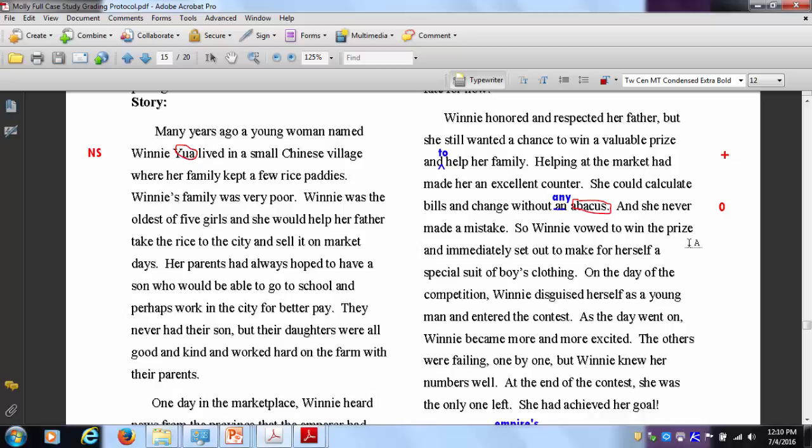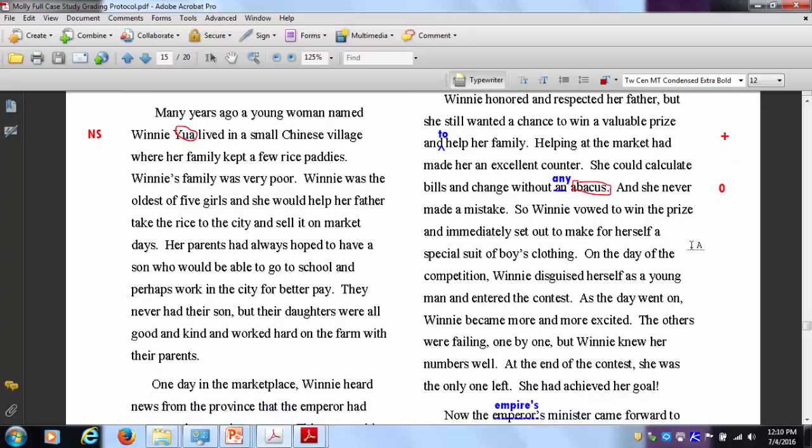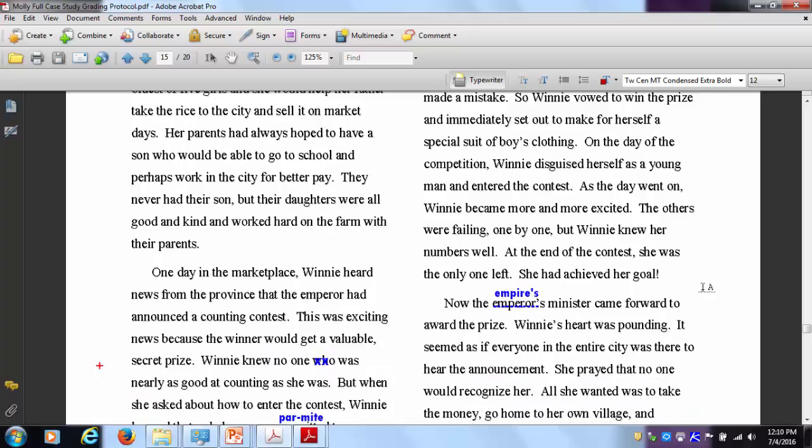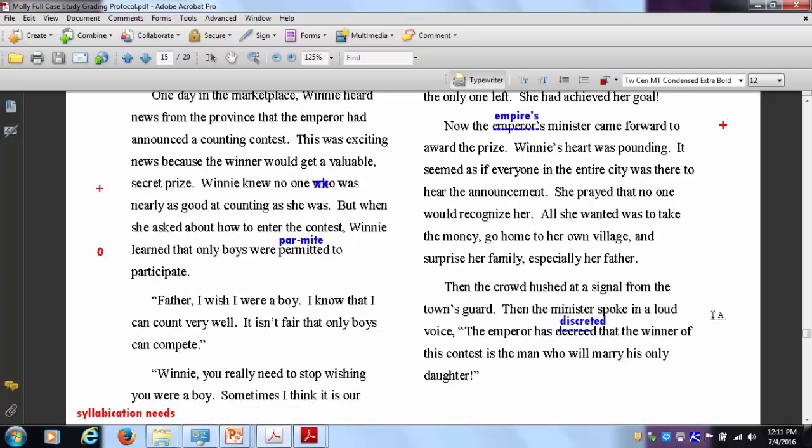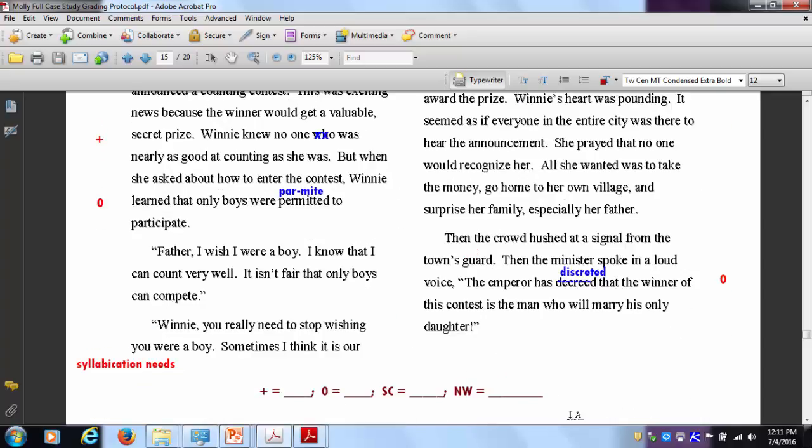All right, let's move on. Here we have a substitution of empire for emperors. That, I think, doesn't destroy the meaning. And then we come down here to decreed to discreted. Again, folks, a non-word. So we still have some sign that we've got some problems with syllabication.